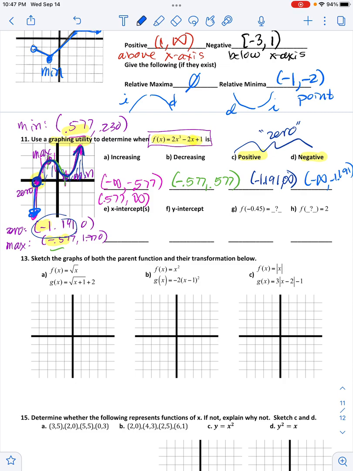Okay, x-intercepts, that is my 0. I found that on my calculator, so negative 1.1910. Y-intercepts, that is where it crosses the y-axis. That is going to be what you get when you put in a 0, because to be on the y-axis, you need to have 0 and then a number.